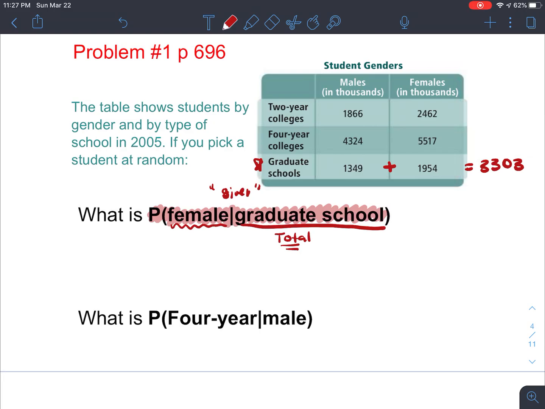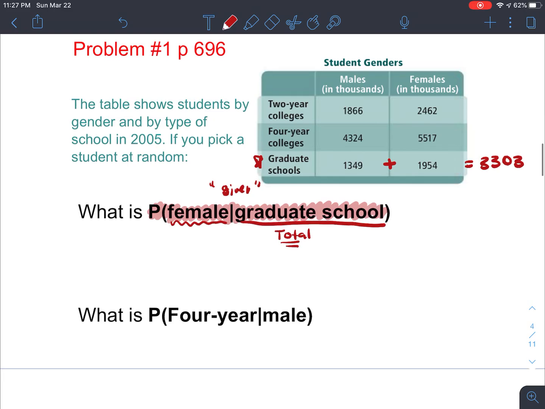We're trying to find the probability that one of those students is female. So how do we calculate this? Well, we're going to take the number of female students, 1954, over the total number of graduate students, which is 3,303.